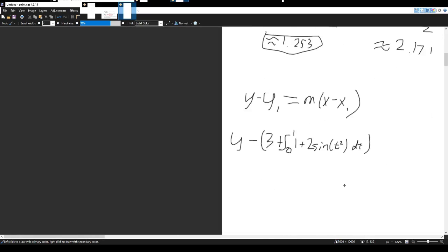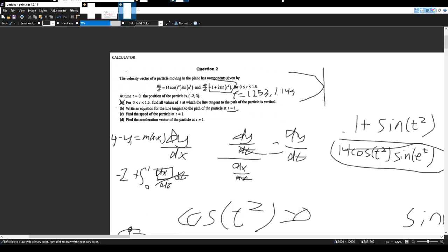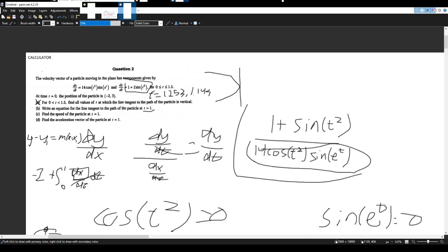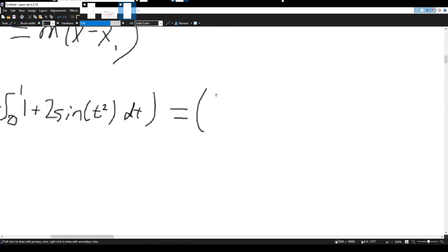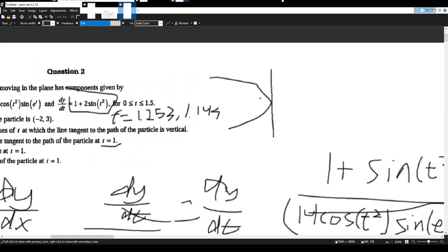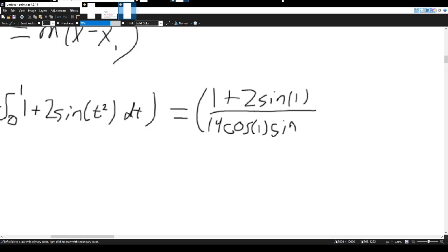Okay, so that's that side. The m is going to be the slope, which is this whole thing while plugging in 1 for t, because we know this at each particular point. So that's going to be 1 plus 2 sin 1 squared, which is just 1, of course, so 2 sin 1, over 14 cos 1 sin e to the 1, so just sin e.